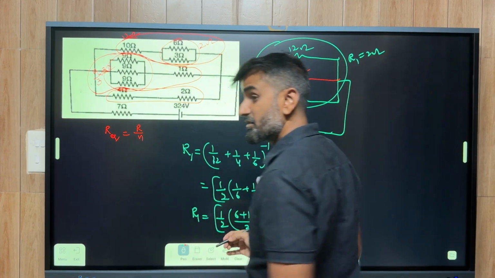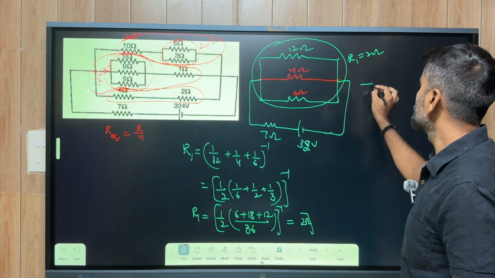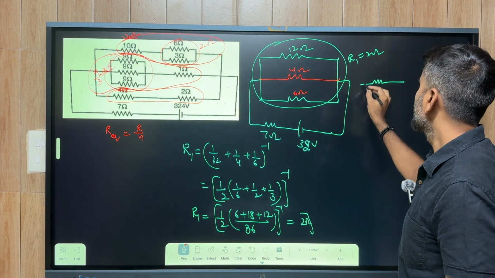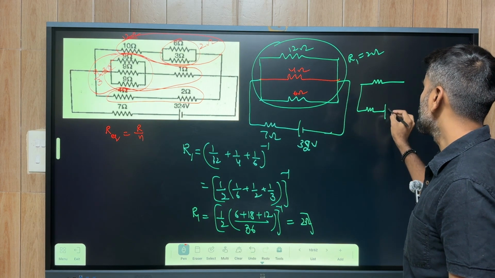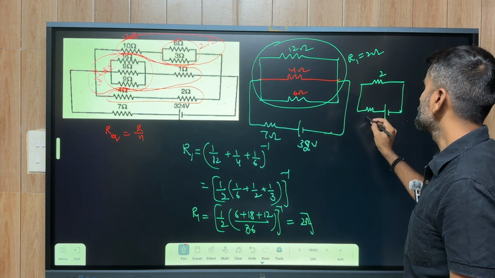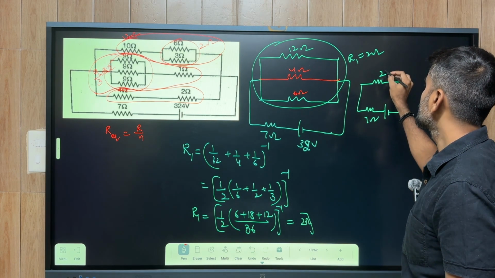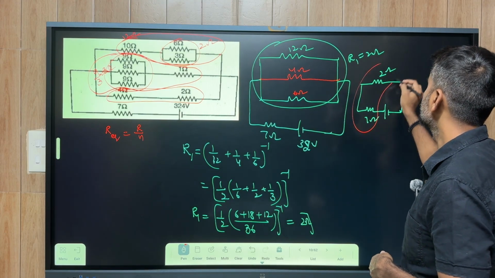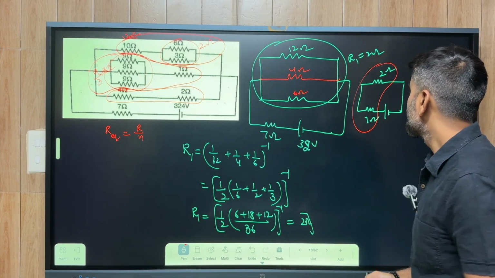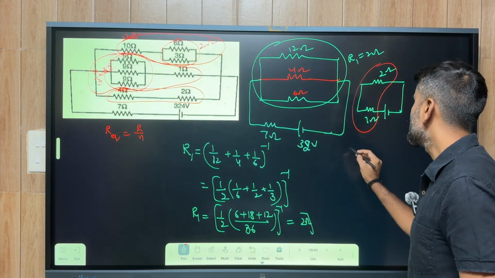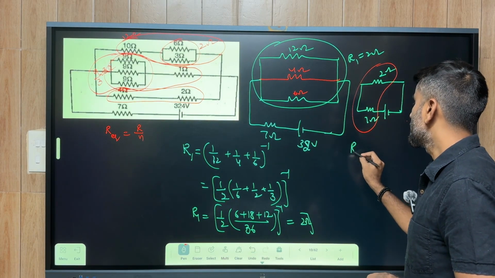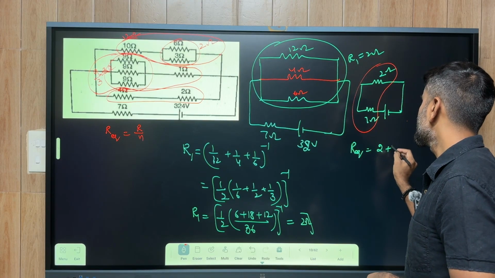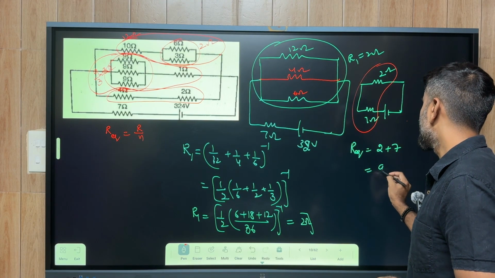Now the circuit is further simplified into two resistors, one connected to another resistor. This is 2, this is 7 ohms, and these two are connected in series, as you can see, end-to-end connection. So the equivalent resistance will be R equivalent is equal to 2 plus 7, which is equal to 9 ohms.